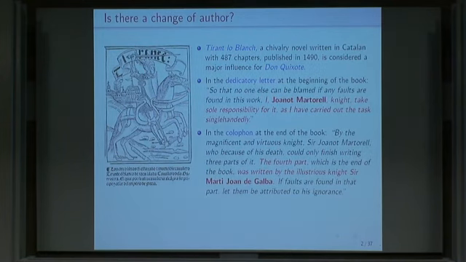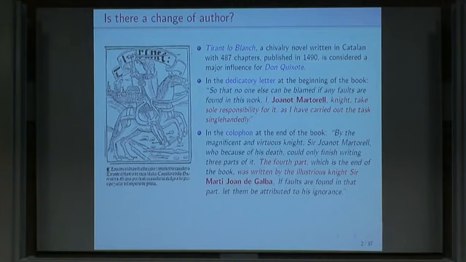To be more concrete, here are two examples I think are quite interesting. This is one example. This book is called Tirant lo Blanc, and it is a chivalry novel written in Catalan and published in the 15th century. This book is considered to be a major influence for a well-known novel, Don Quixote. I guess you all know this book.